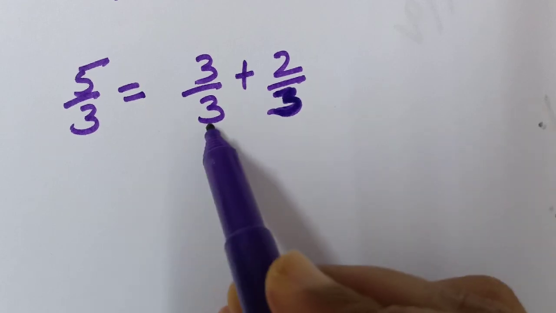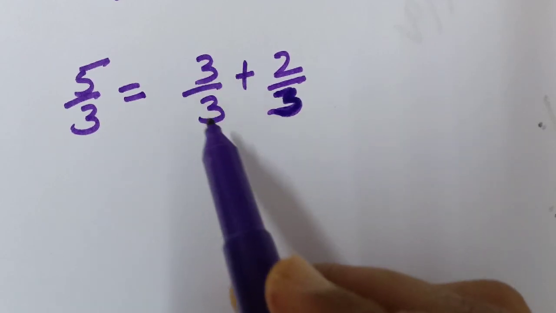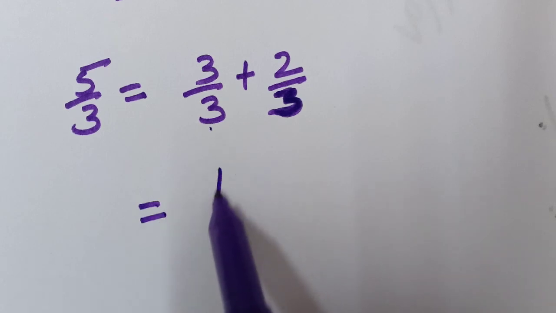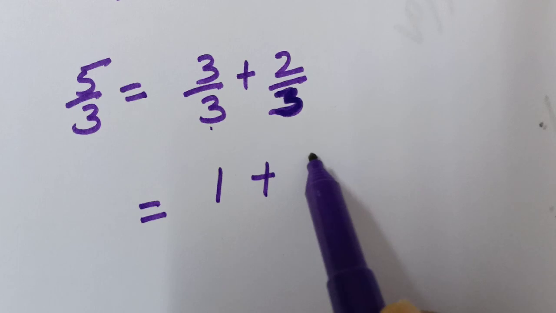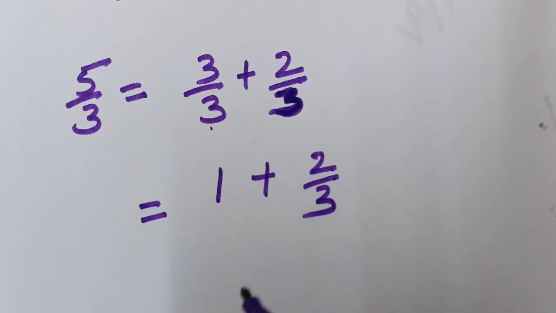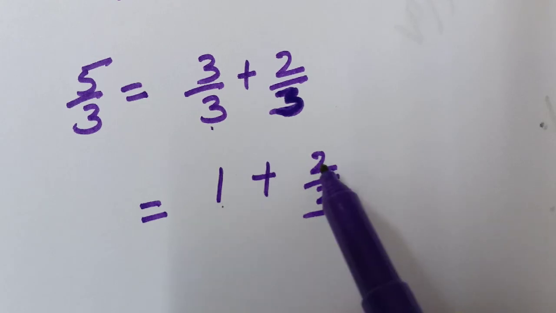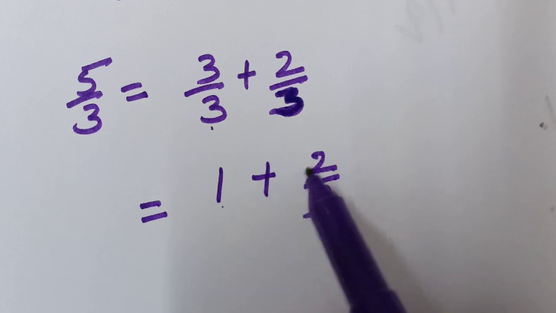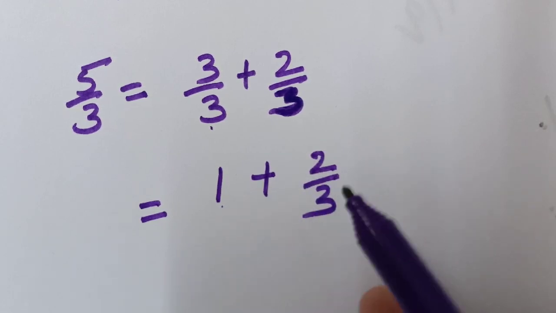Now tell me, what do you mean by 3 by 3? If the numerator and denominator are the same, that represents 1 unit. So 1 plus 2 by 3 means 1 unit completely, that is 3 by 3, and 2 parts of the other unit.